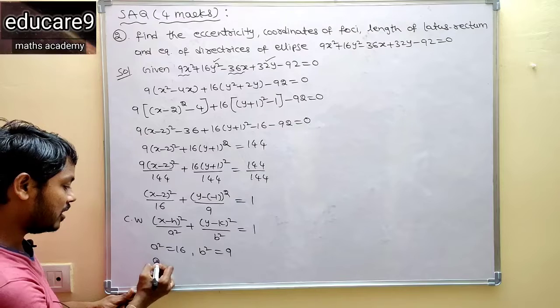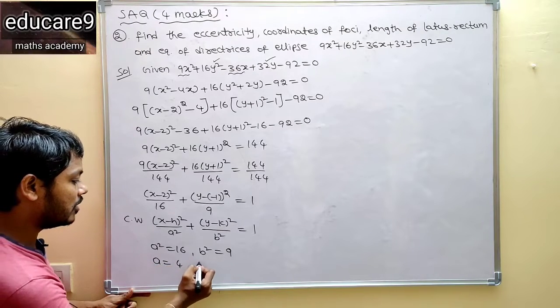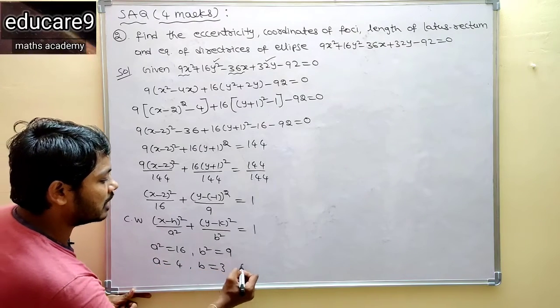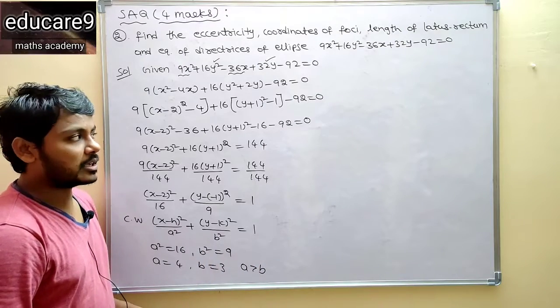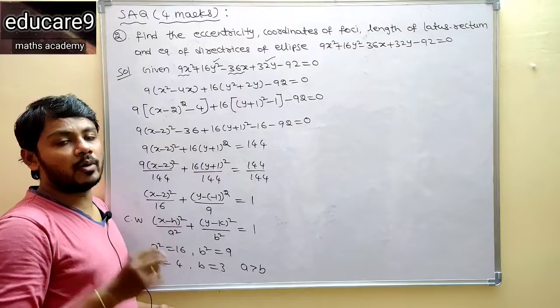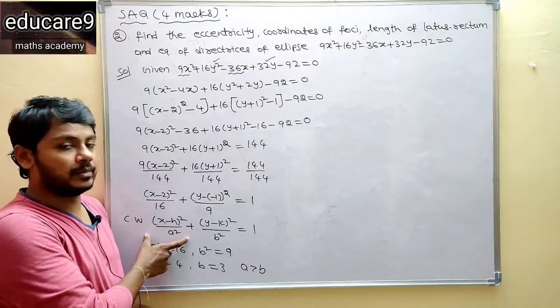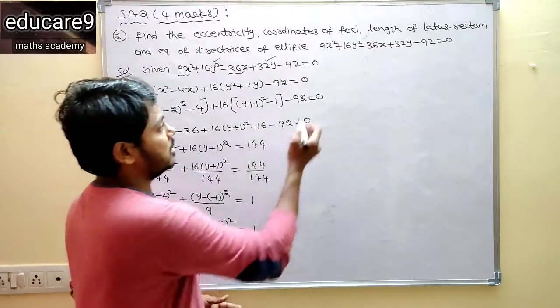So therefore the value of a is 4, b is 3. Here also a is greater than b. So in that case we need to apply the formulas for this ellipse. Okay. See here.